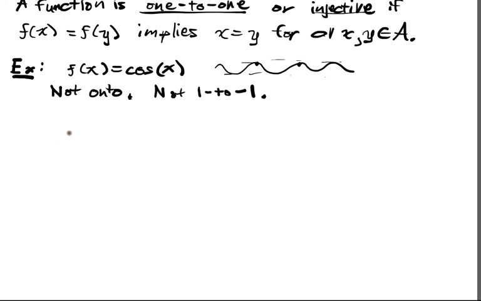So how about f of x is equal to e to the x? Well, it's not onto, because it's strictly positive. E to any number is positive. But it is 1-to-1.